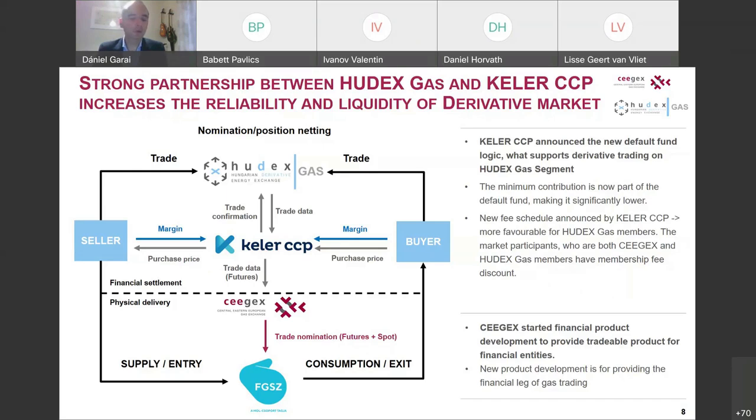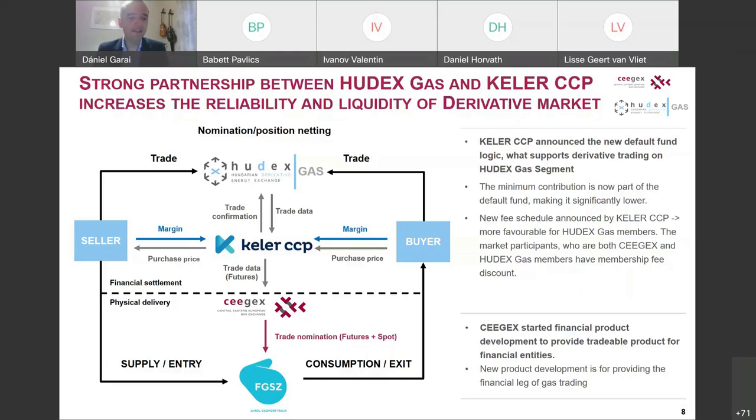One of the most important elements is that the minimum contribution is now part of the default fund. So basically, it significantly reduces the financing burden of the traders. Also, a new fee schedule is announced by KELER CCP.